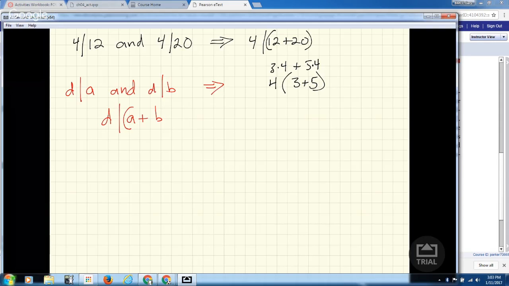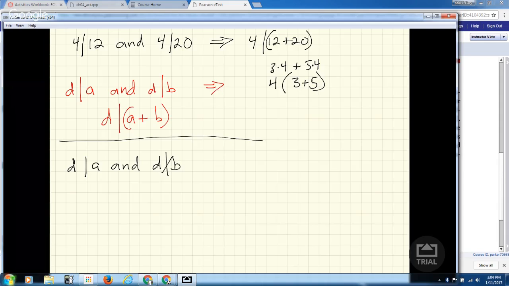Now, addition and subtraction aren't too much different theoretically. Physically they are, and so it turns out subtraction works the same way. However, what if we try some other things? What about a situation where d divides a, and suppose that d does not divide b.